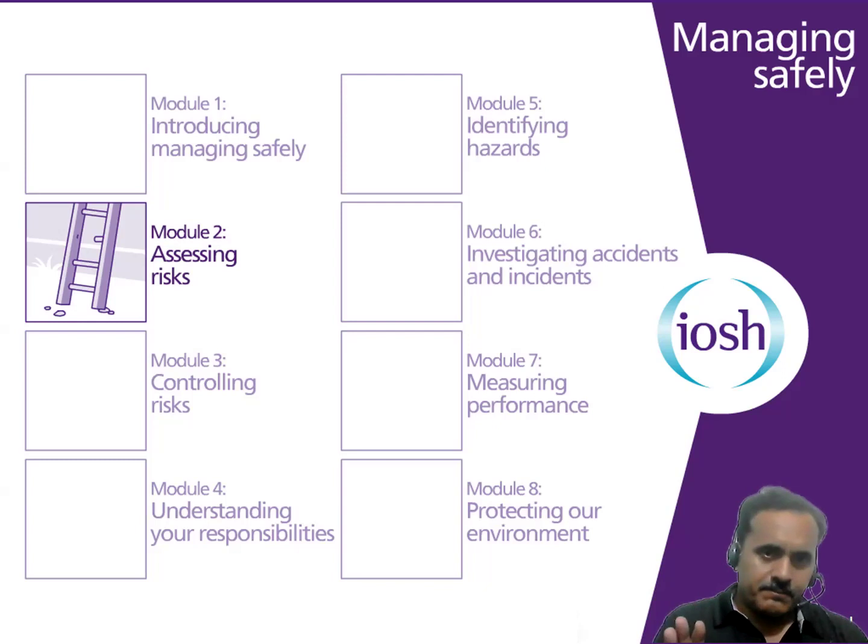The second method we use during hazard identification is the interview, that is, asking questions of the employees. And my dear learners, the third method to identify the hazard is to review the documents.